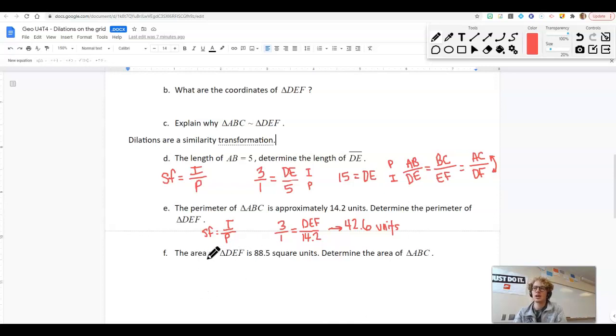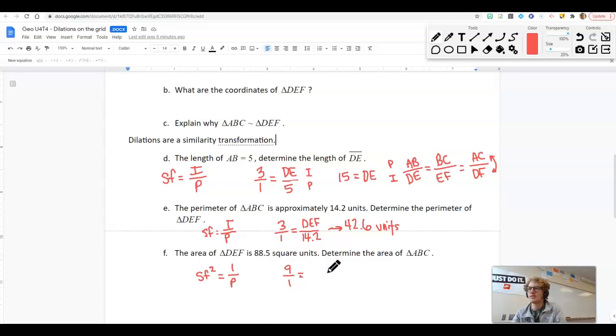What about the areas, though? What is the ratio of the areas equal to? The ratio of the areas is equal to the scale factor squared. So if we have image over pre-image for the areas, then it's equal to the scale factor squared. So the scale factor squared would be 9 over 1, because 3 squared is 9 and 1 squared is 1.